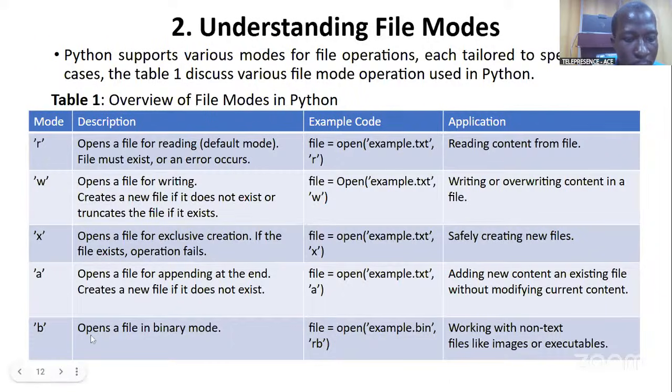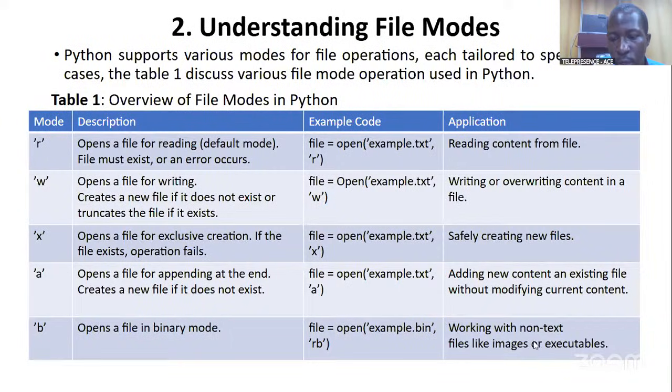So B opens a file in binary mode. That's what B stands for, binary mode. To open it in binary mode, you open the file and then the type, the format, and then RB. So to read a file in binary mode, RB.